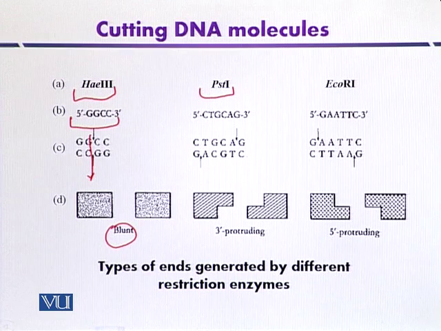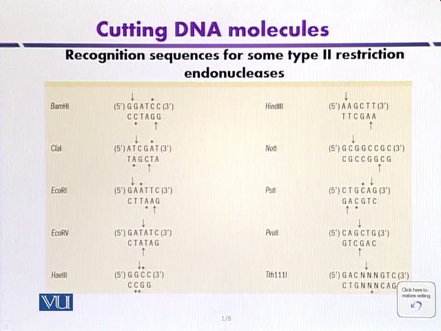In the case of PstI, this is another example of a restriction enzyme that recognizes a 6 nucleotide sequence, and when cutting, it produces a sticky end with 3' protruding overhangs. And then EcoR1, which we have discussed, also produces a sticky end, but the termini produced have 5' overhangs. So the DNA attacked by restriction enzymes can produce different types of termini.